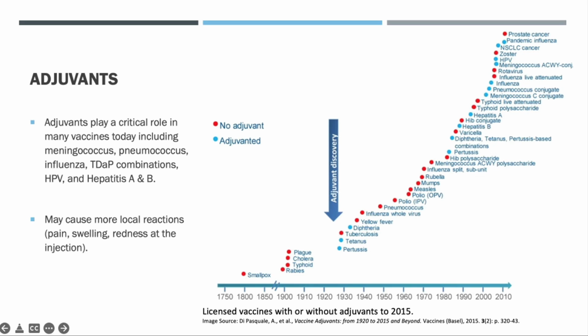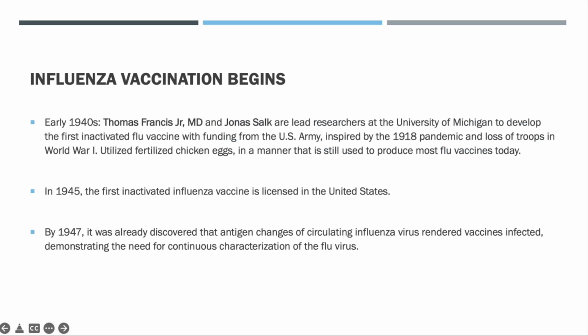So for that reason, of course, one of the most widespread vaccinations today, influenza, had its beginnings in the early 1940s. Thomas Francis and Jonas Salk, who we know of for his work with polio, and I'll talk about that shortly, were lead researchers at the University of Michigan to develop the first inactivated flu vaccine with the U.S. Army.